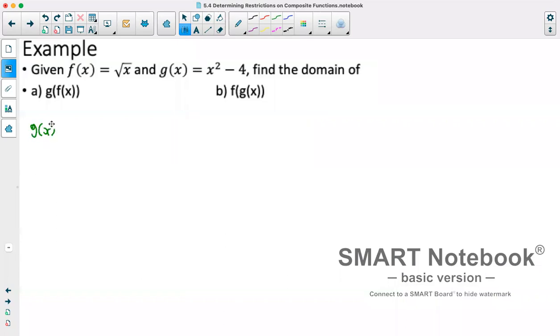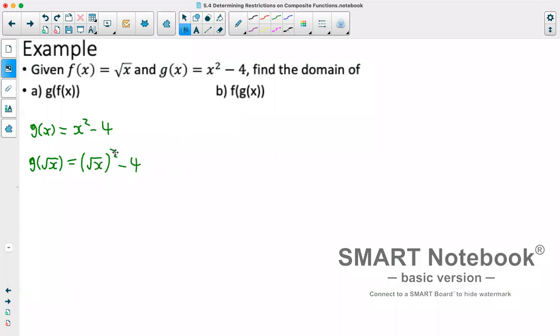So we've got g of x is equal to x squared minus 4. Now we're substituting our f of x in for this x. So we have g of the square root of x equals root of x squared minus 4.